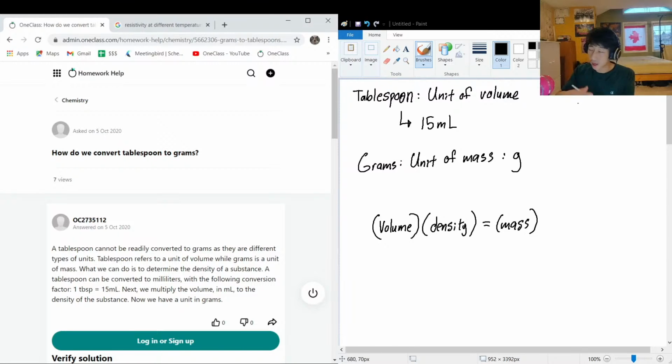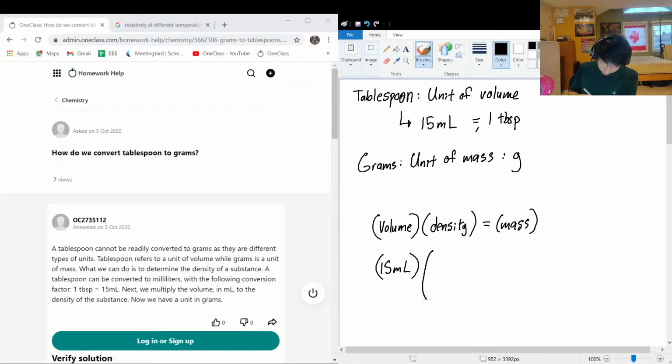That's just to use a more common unit, because of course you could also write it as 1 TBSP, but generally milliliters, grams, and all that are preferred as units of measurement. So for volume, we're going to have 15 milliliters.